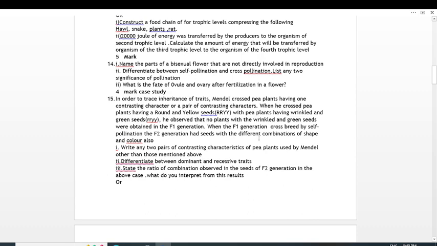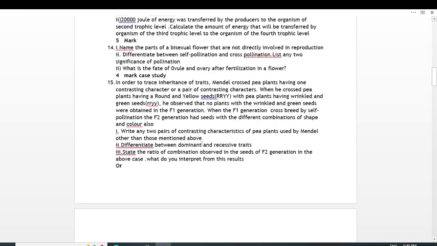So when the F1 generation is crossbred by self-pollination, what happened? In the F2 generation he found different combinations. So how many types of combinations did he obtain? Yes, 4. You can look here, the two characters are round and yellow, here wrinkled and green.